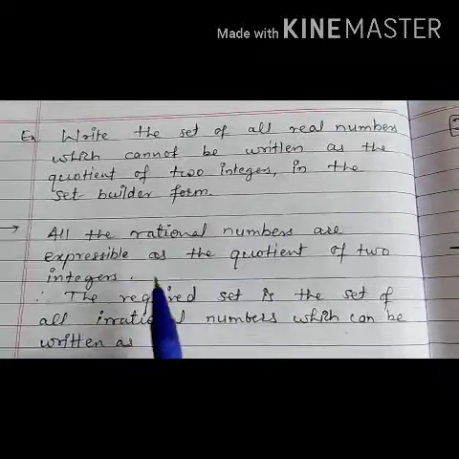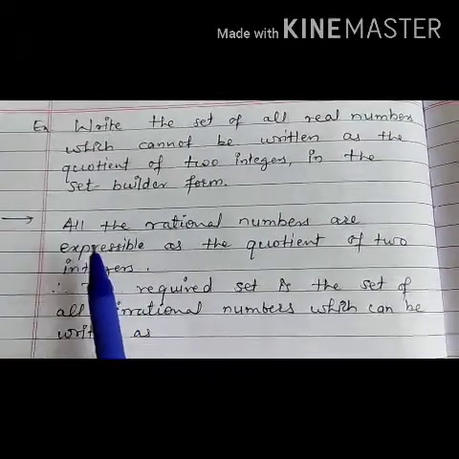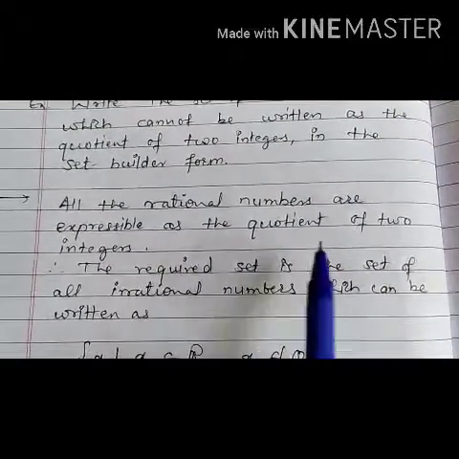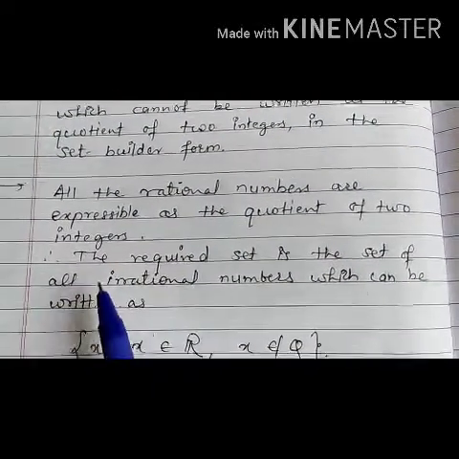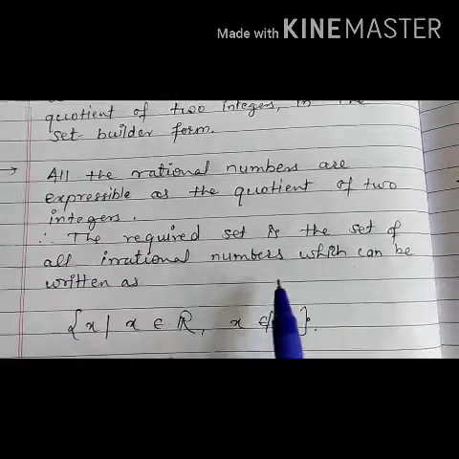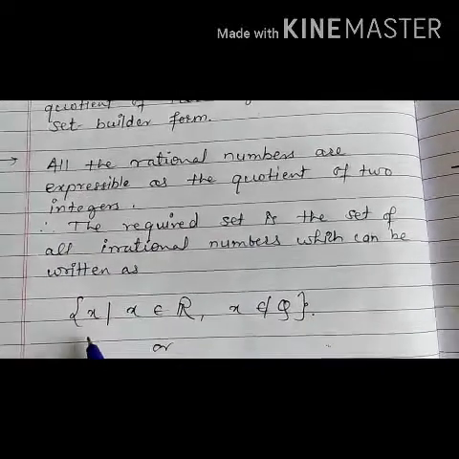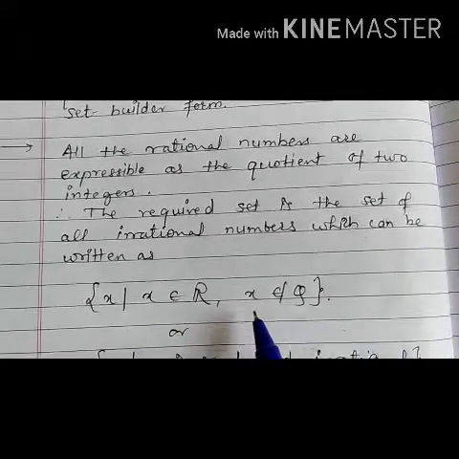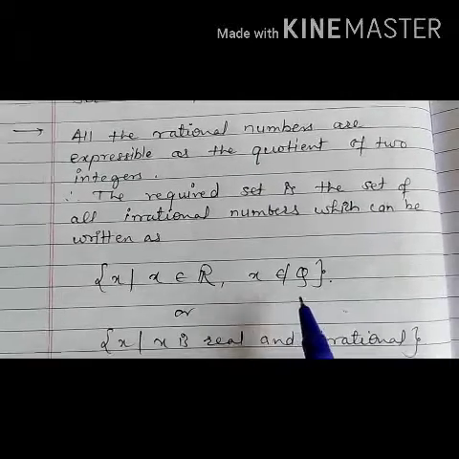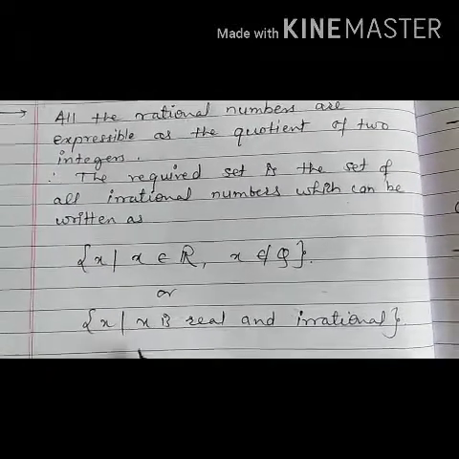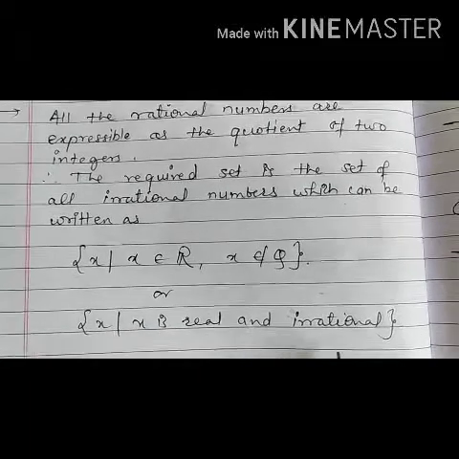All the rational numbers are expressible as the quotient of two integers. Therefore the required set is the set of all irrational numbers, which can be written as the set of x such that x belongs to the real numbers and x does not belong to rationals. Means we can write this set as the set of x such that x is real and irrational.